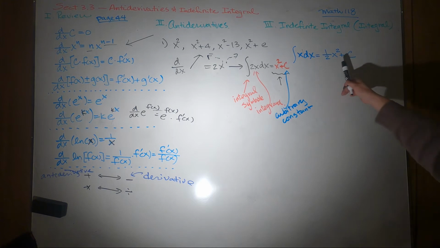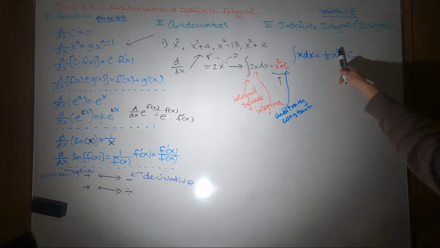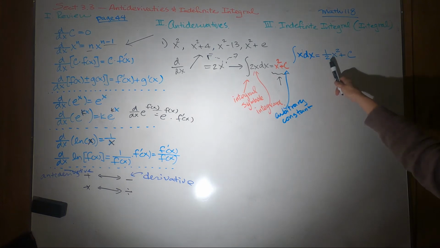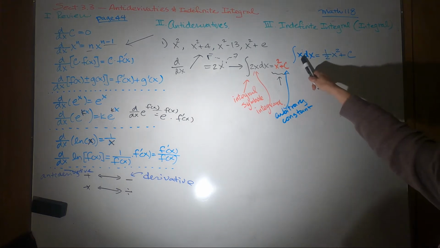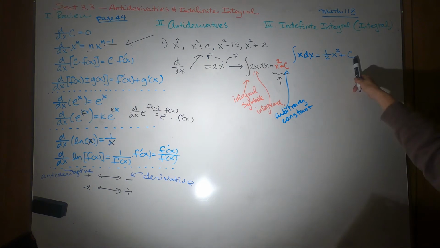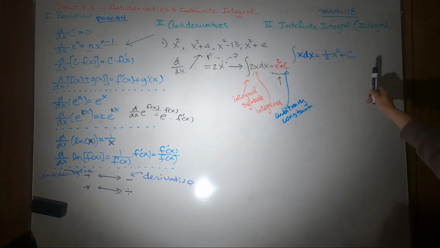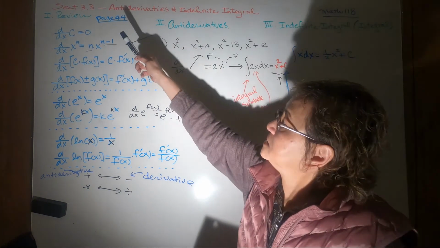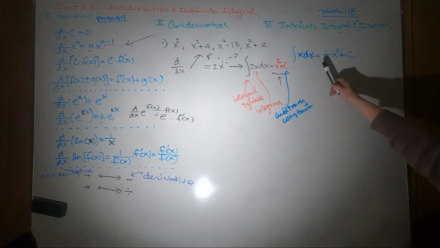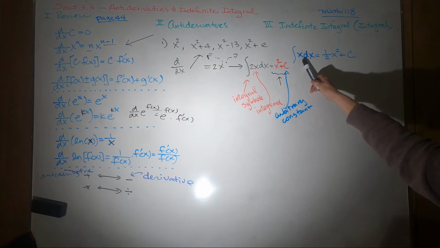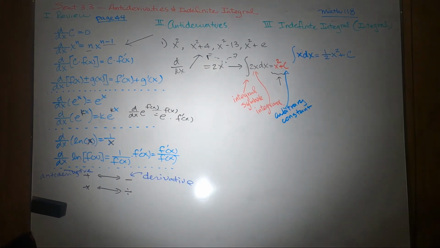If I take a derivative of this guy, then x squared derivative is 2x times half, becomes x, right? The constant rule, the derivative of c will be 0, so that will be gone. So if you take a derivative of this, that will be this guy, right?